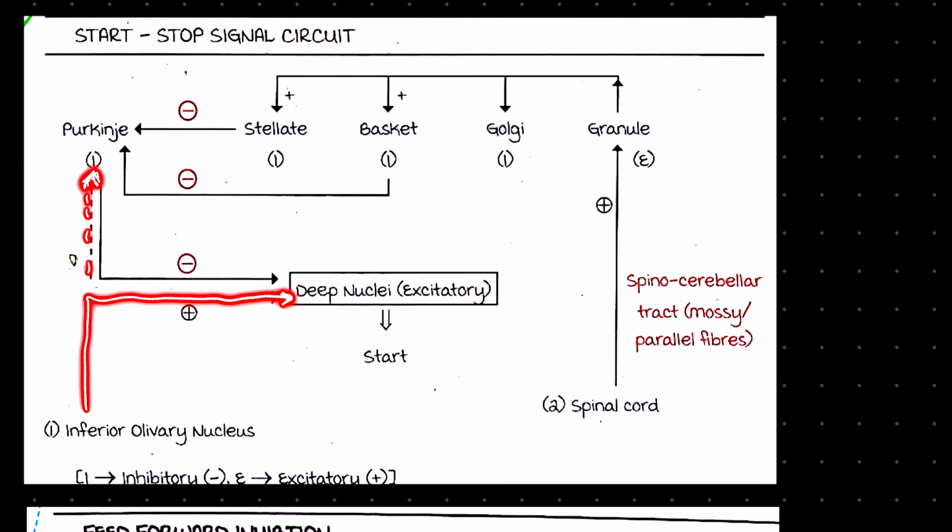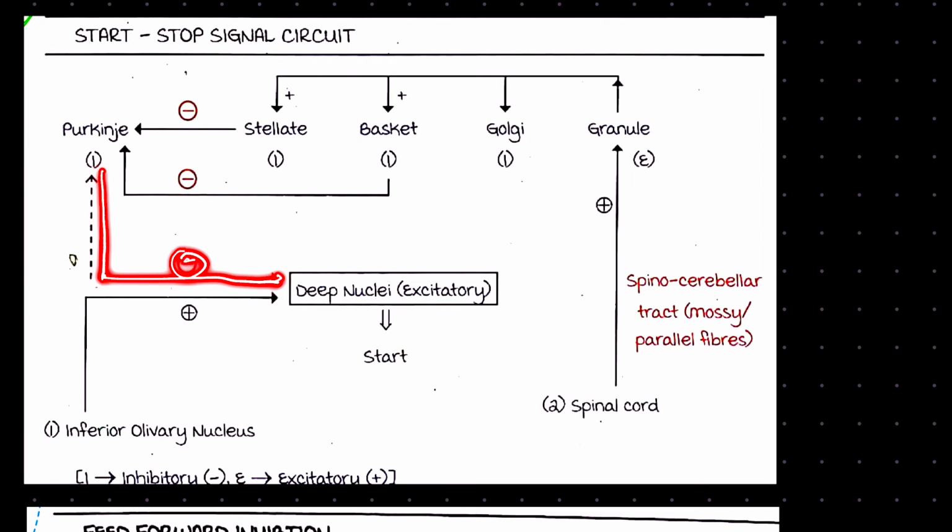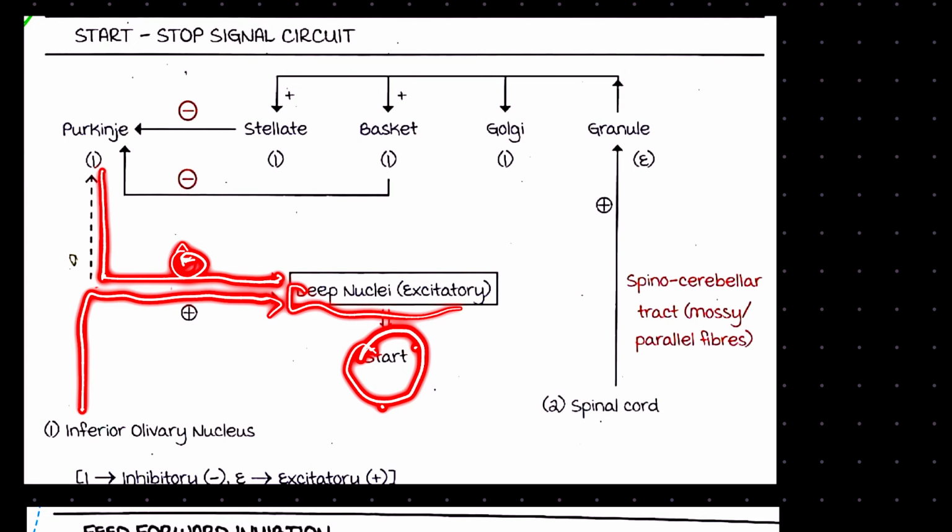As these supply our Purkinje cells, this Purkinje cell will direct the deep nuclei to inhibit their action. That means the start signal, which is initiated by our climbing fiber coming to the deep nuclei, is stopped by our Purkinje cells. These Purkinje cells will just inhibit the deep nuclei and tell them to stop.